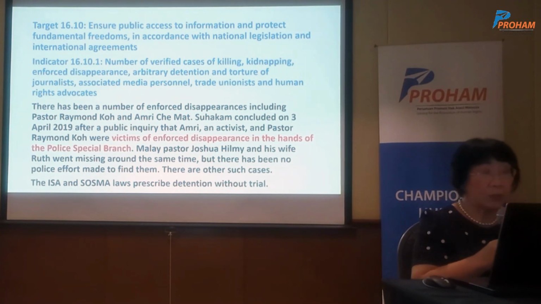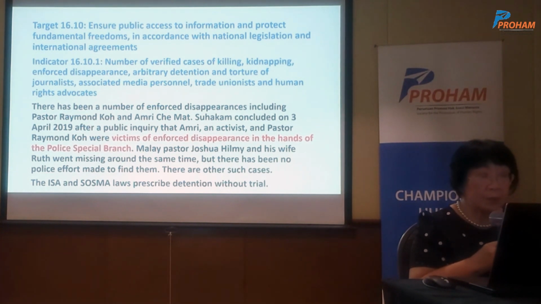16.10, ensure public access to information, protect fundamental freedoms. Number of verified cases of killing, kidnapping and forced disappearance, arbitrary detention and torture of journalists, associated media personnel, trade unionists and human rights advocates.